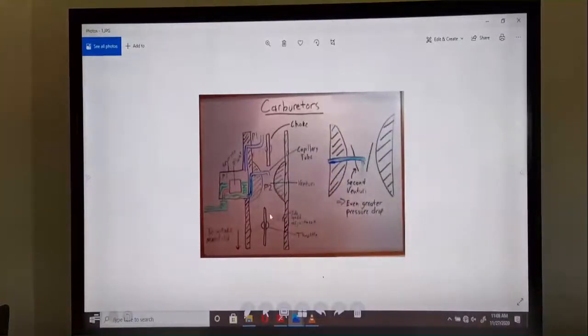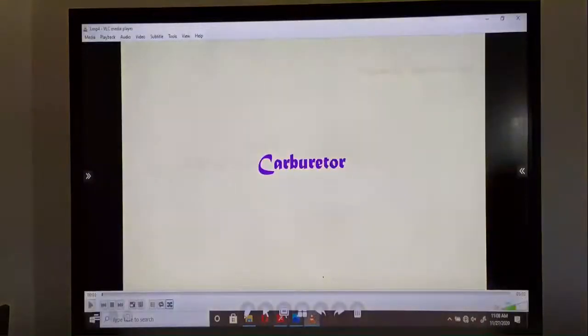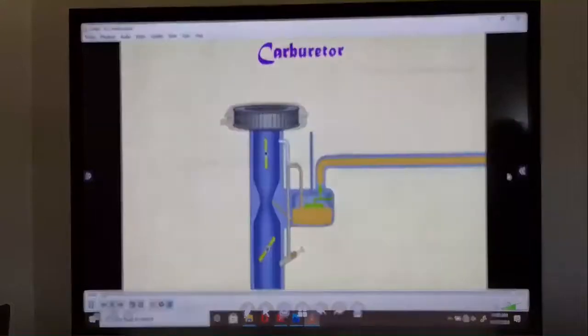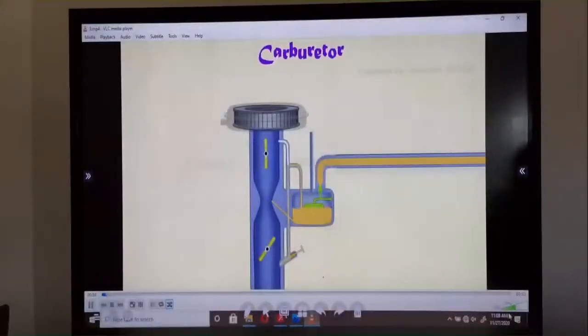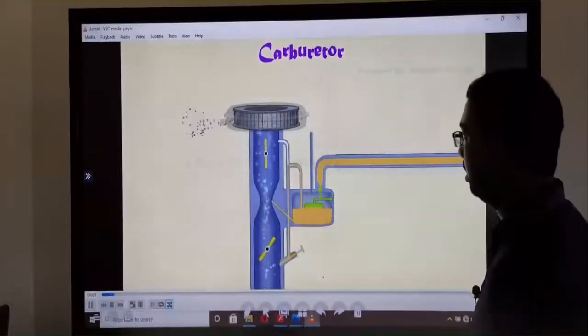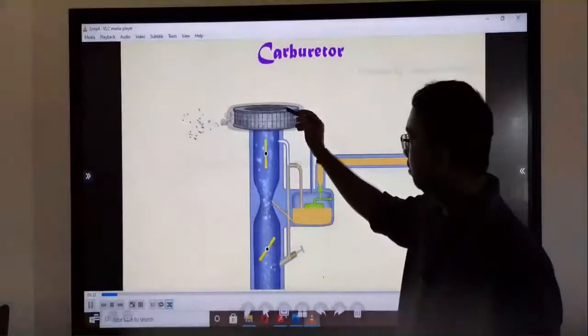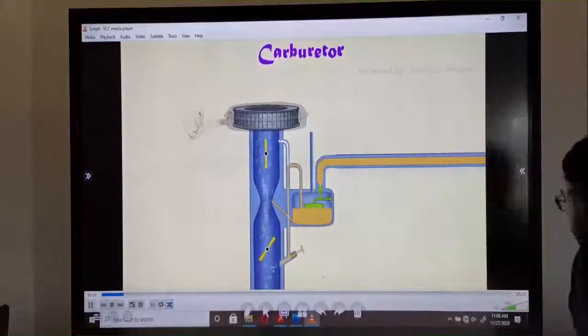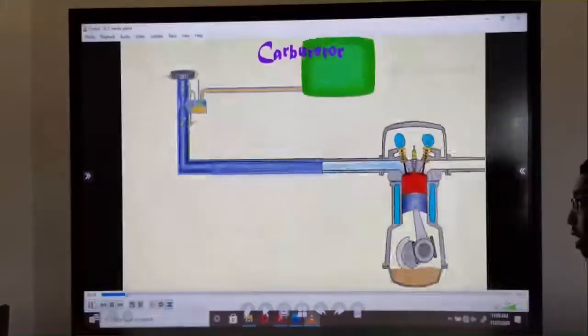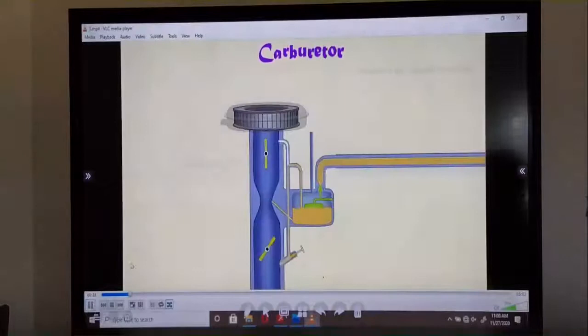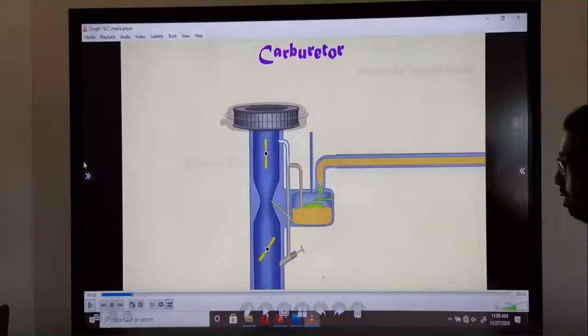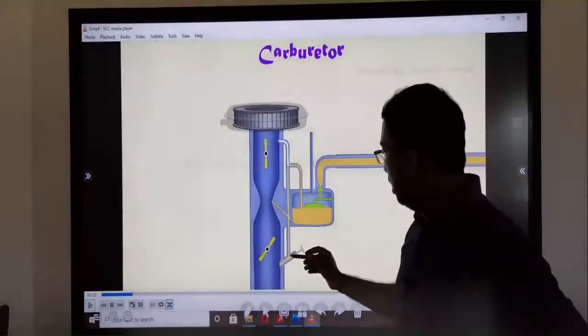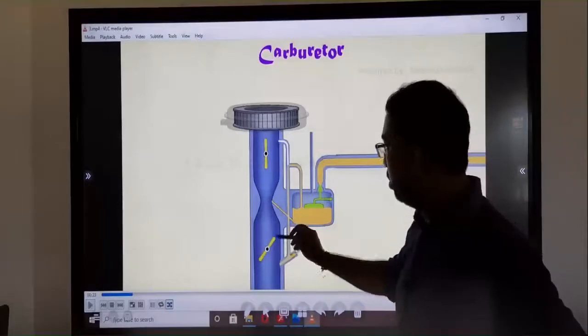So now we see the animation. This is the air filter. Here is the choke. Here is the throttle valve.